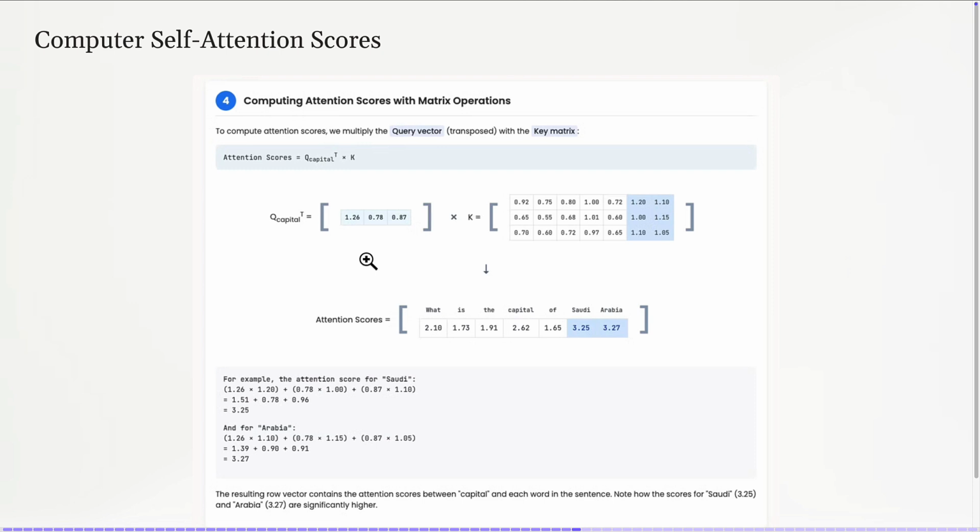So attention, it's like هي انتباه بالعربية انتباه. Okay?